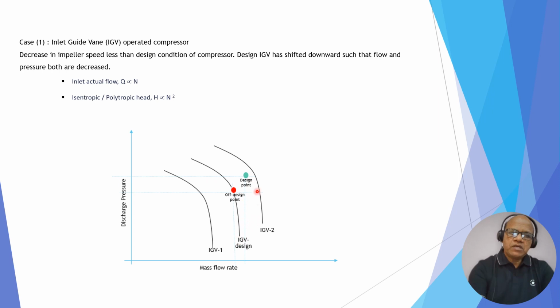Because the speed has reduced, IGV1, IGV design, IGV2 have shifted downward. Let us focus on this off design point, which is now shifted downward, and because of this, flow has reduced. Earlier the flow was at this point, pressure was earlier this, now pressure is lowered. So lower flow and lower pressure because of reduction of speed.